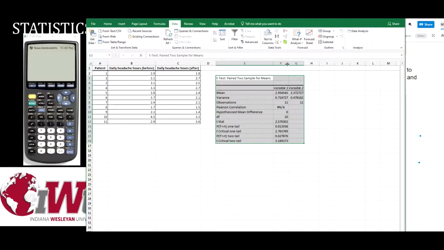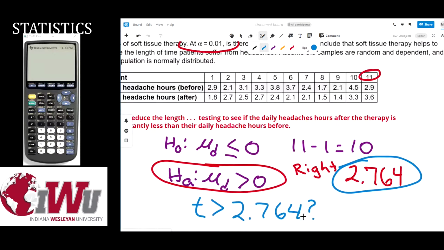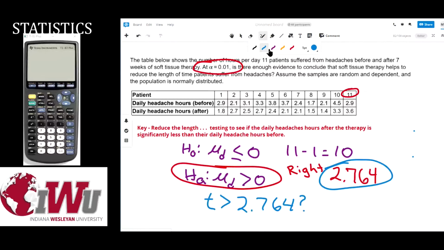Let's get some of this data and make sure we understand what this says. There's our t statistic right there, 2.57. So what exactly does that mean?